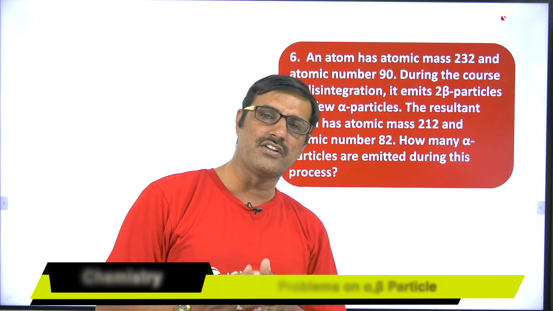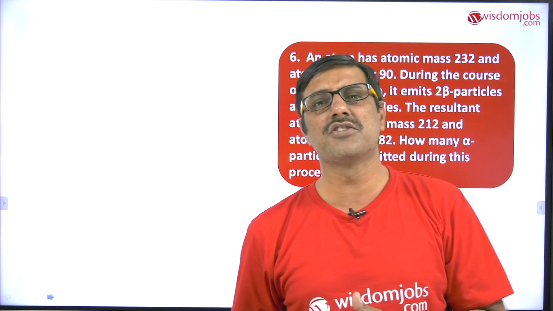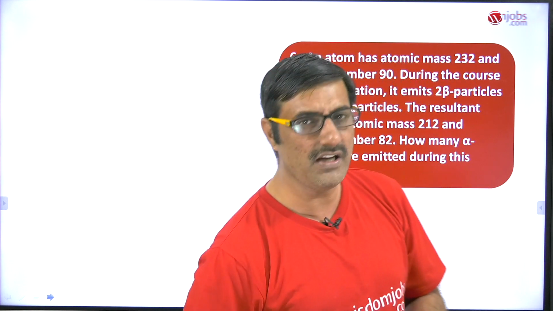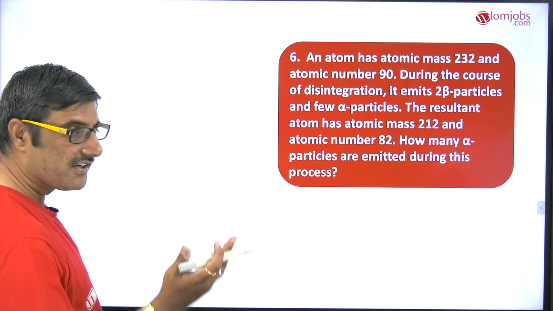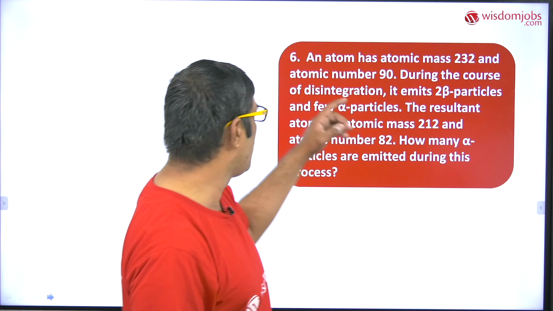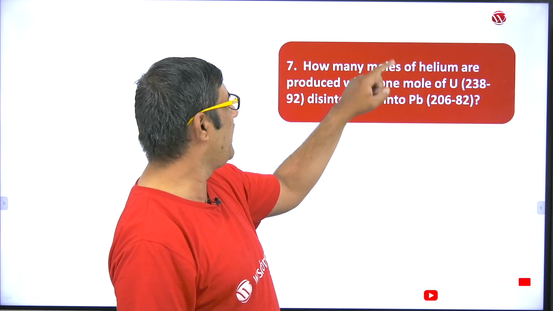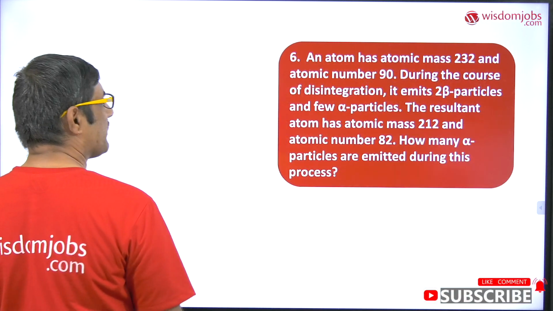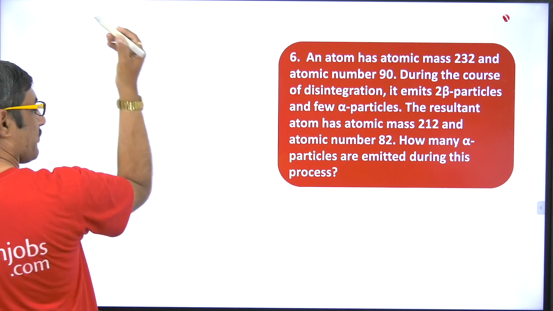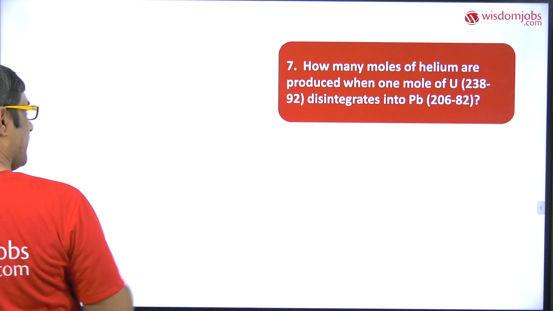Always, what I tell you is to write the disintegration equation for such problems, then you are going to get the solution very easily. Now let us write the disintegration equation. Which atom is getting disintegrated here? An atom whose atomic number is 90 and mass number is 232. Of course we know that, it is thorium.